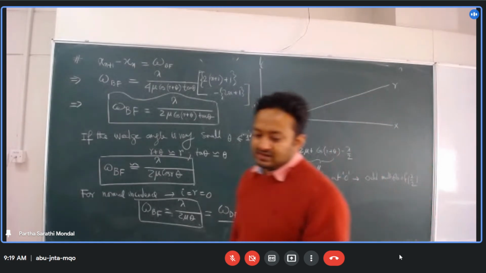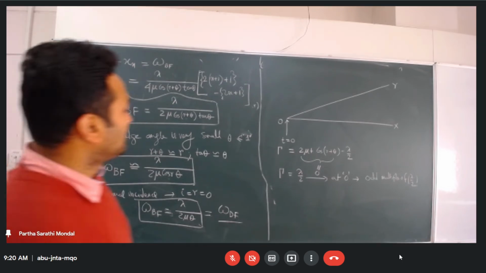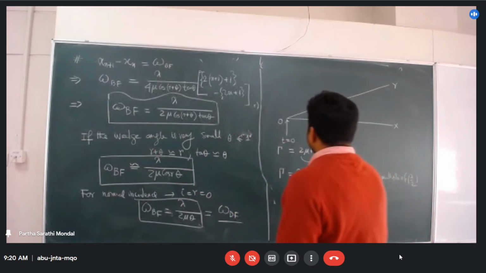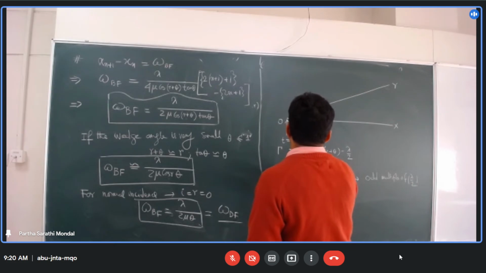So that means you will get a dark fringe here. Okay, do you understand what I am saying? Hello? Sir, I didn't understand. Yeah? No, at point O, t is 0.